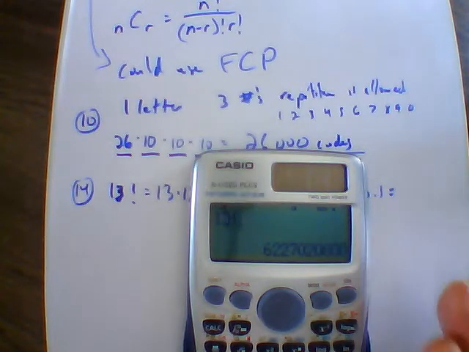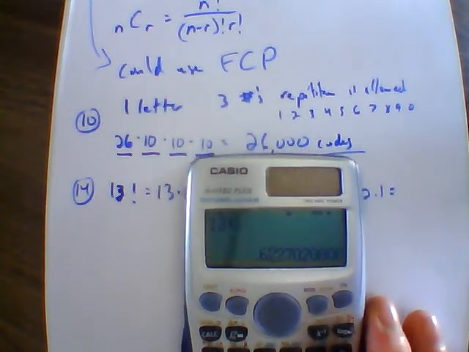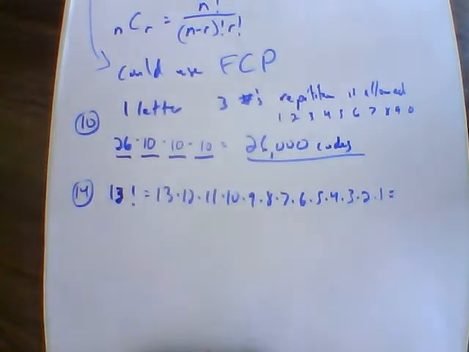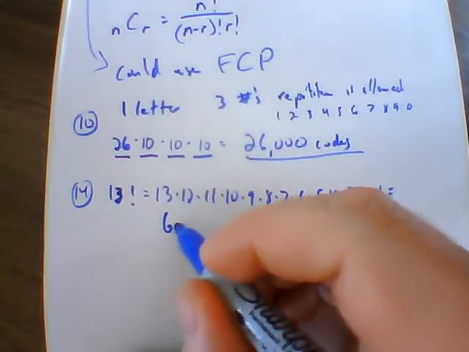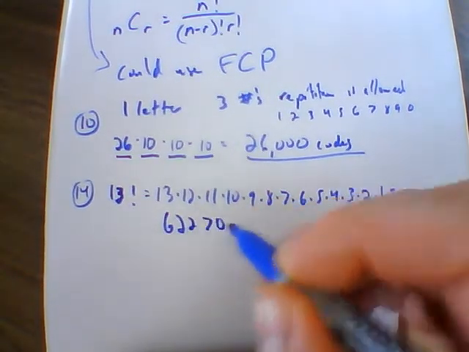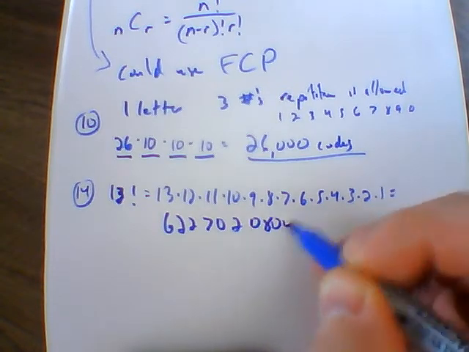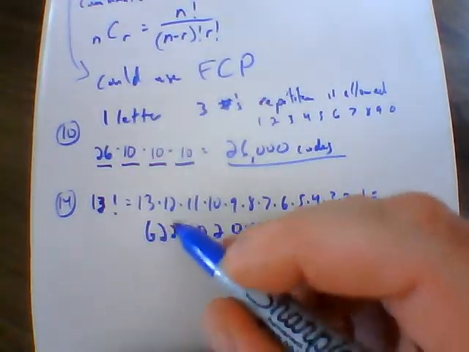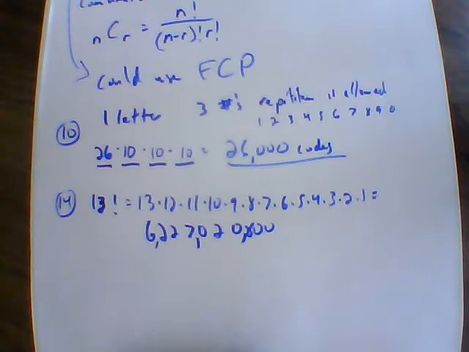And then we can hit equals and notice this nice number that we have. If I write this number down, it is 6227020800. Putting our commas in, we can see we have 6,227,020,800 is what this value would be.